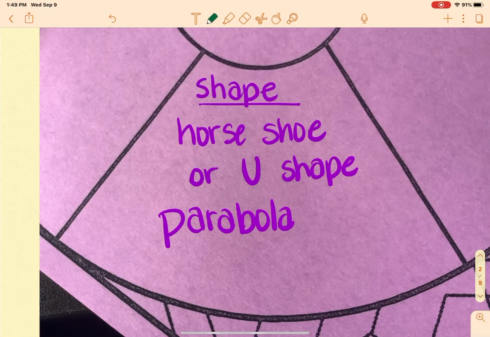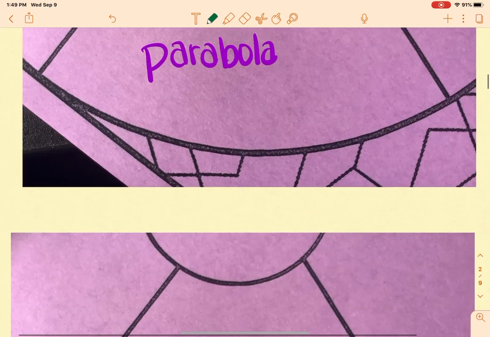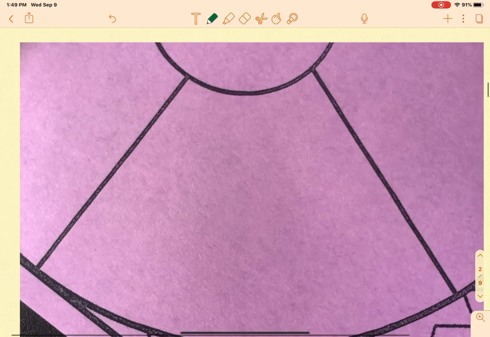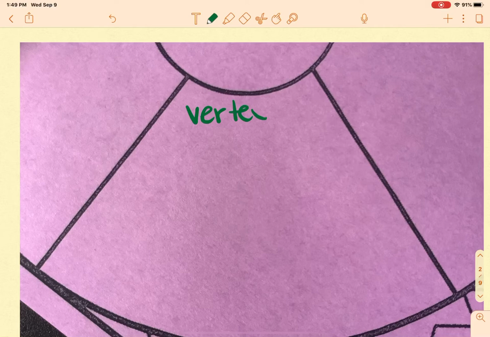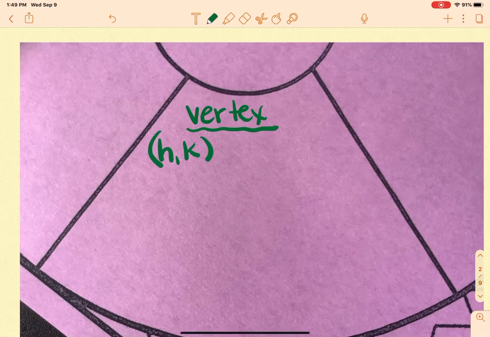Okay, I'm going to move on to my next one. The next one that I want to talk about is a point called the vertex. Now, a vertex is usually determined by the point (h, k). That's usually how it's talked about. And there are two different kinds of equations that you can have.